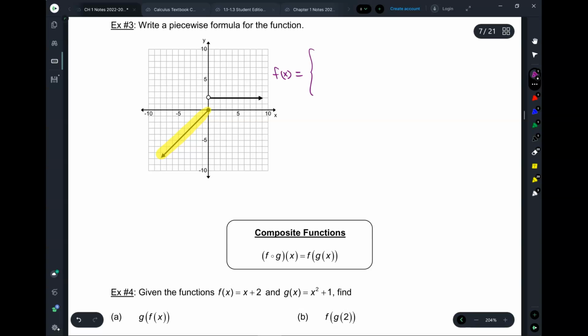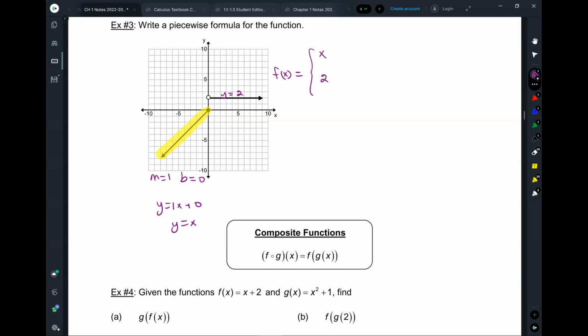Okay, what's the slope here? 1. It's negative. What's b? No, it's positive. 0. So y equals 1x plus 0. y equals x. Wait, but why wouldn't m be negative 1? No, because it's going up. It's always rising from left to right. So it's just x. Okay, this one here is just y equals 2, so you just do 2.